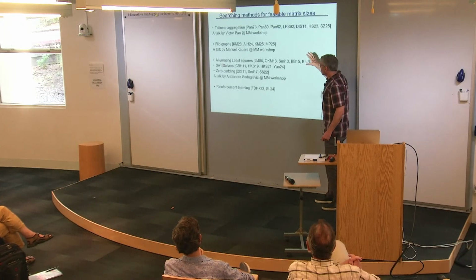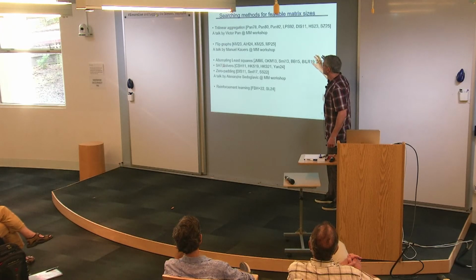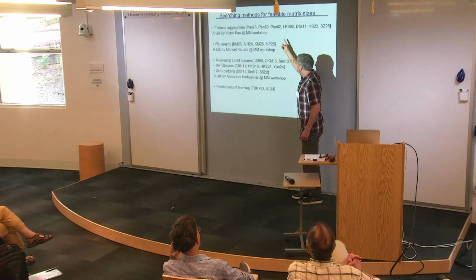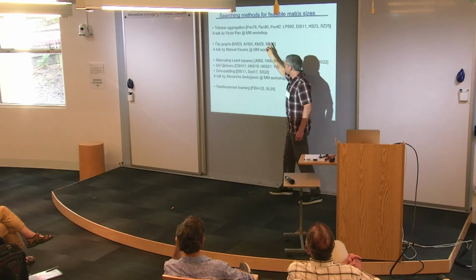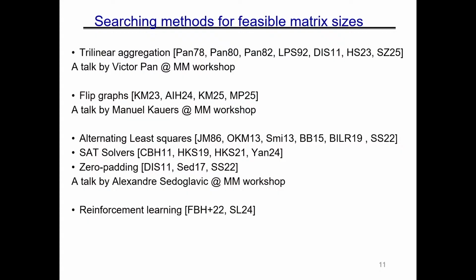I'm not going to cover this part today, but I just want to mention the trilinear aggregation method. This method of Victor Pan was the first to improve omega, the theoretical upper bound, on the tensor decomposition. There was a decade of no improvement, and then he used that, but his method is also practical.